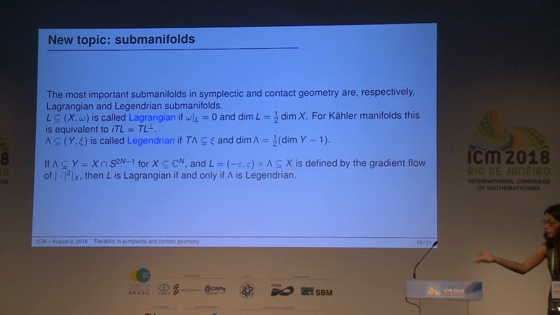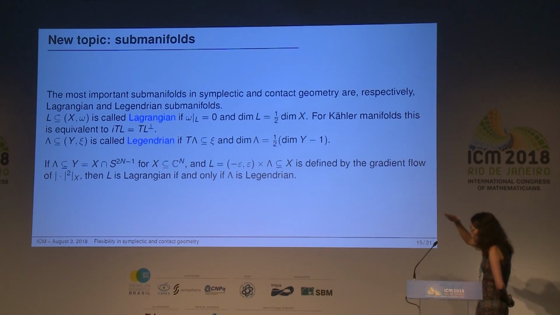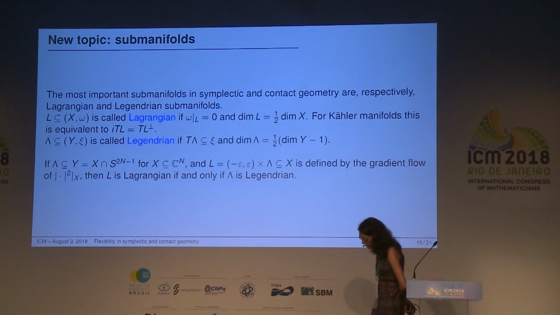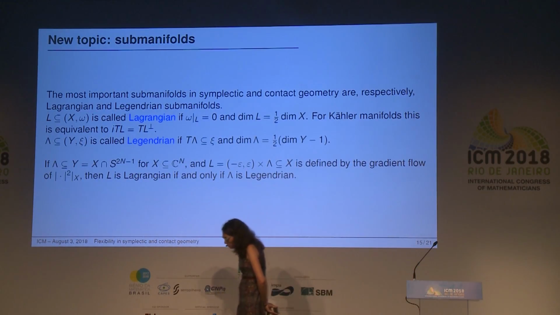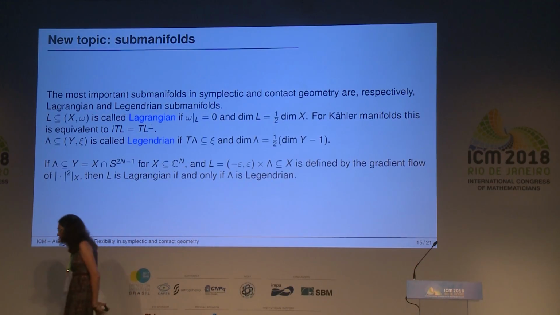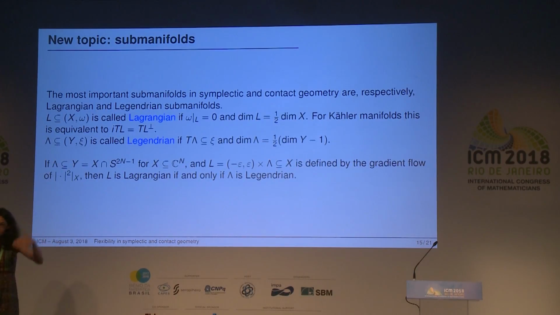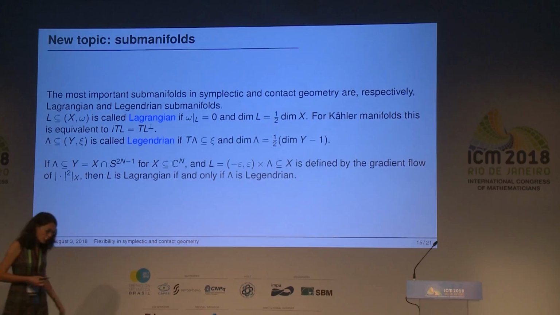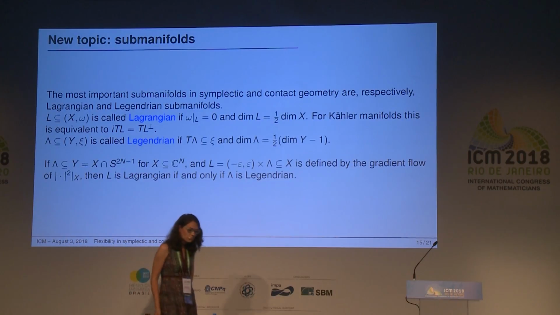So if I have a submanifold in a contact manifold, which is a hypersurface in a symplectic manifold, then being Legendrian is if and only if the small cylinder is a Lagrangian.